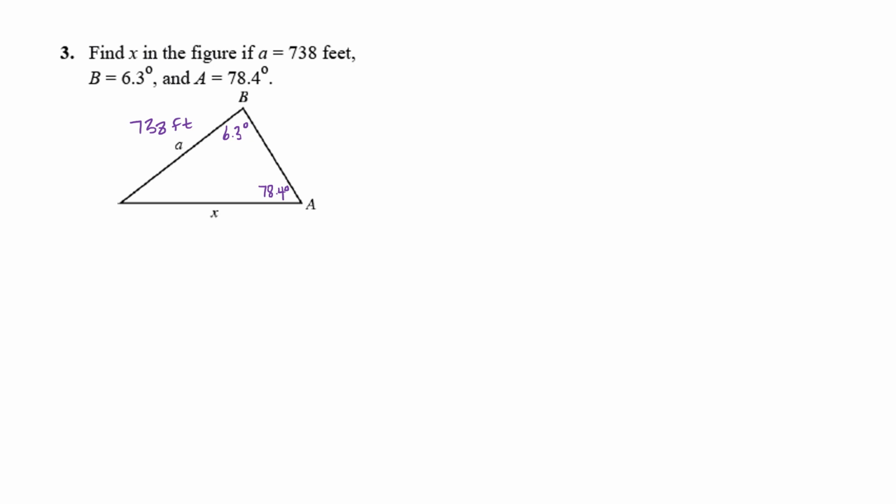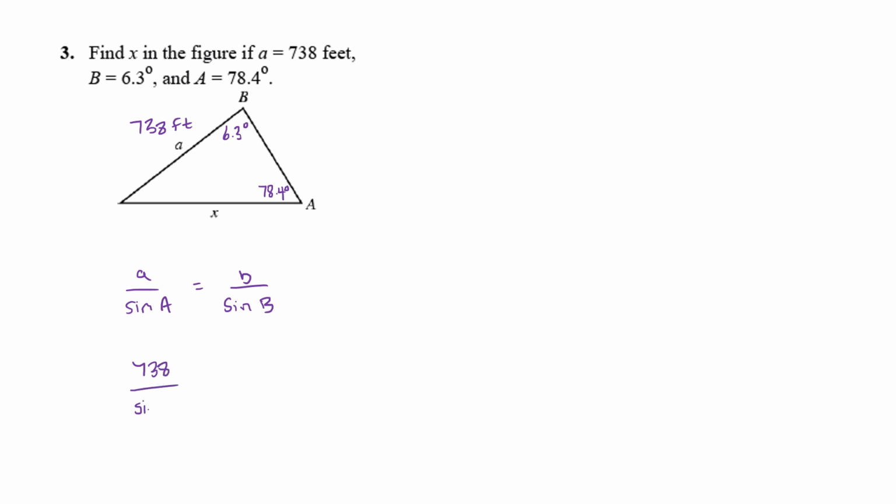So let's set this up using the law of sines to see if we can find our missing part x. So we have a over sine of A and b over sine of B. So a is 738.